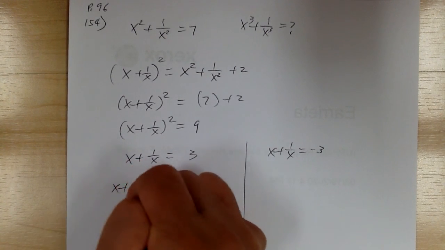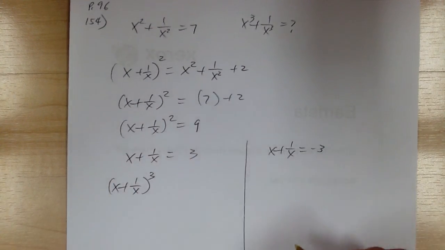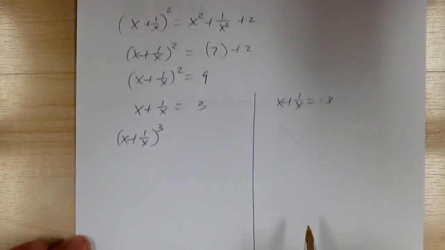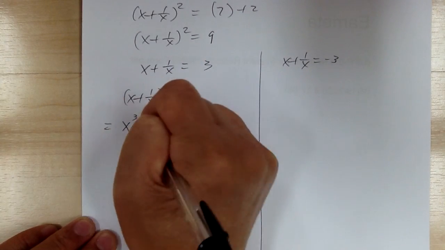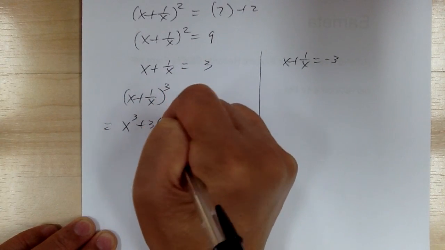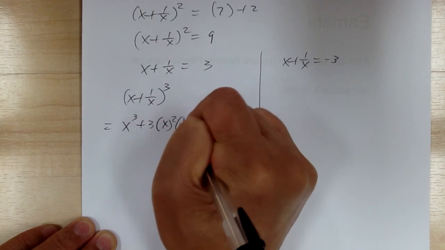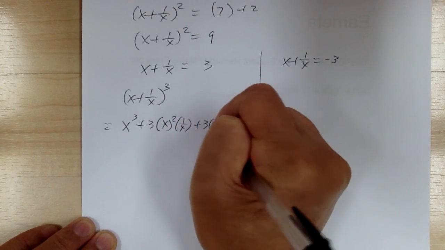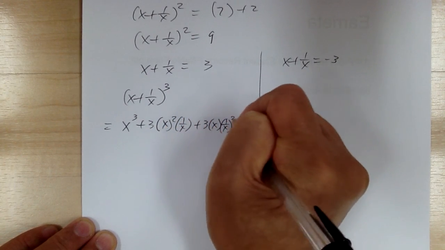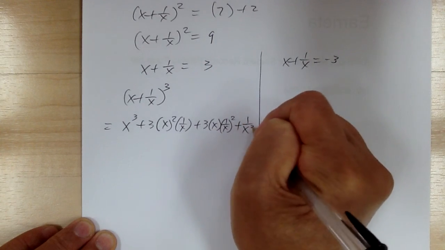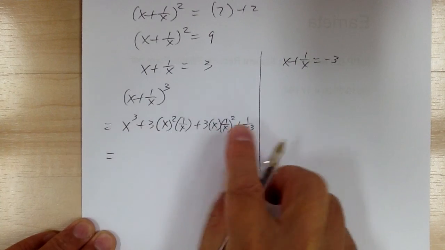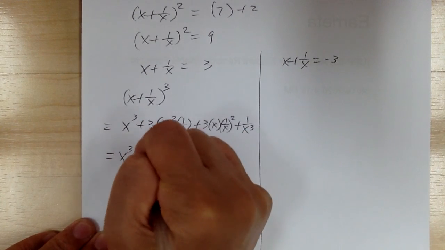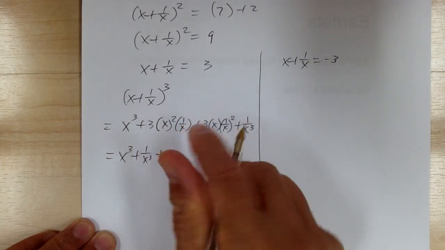So x plus 1 over x, cubed. Okay, use your expansion, so you're going to get x cubed plus 3 times x squared times 1 over x plus 3 times x times 1 over x squared plus 1 over x cubed. And again, this is the tool that we need, so gather that and go and factor this.